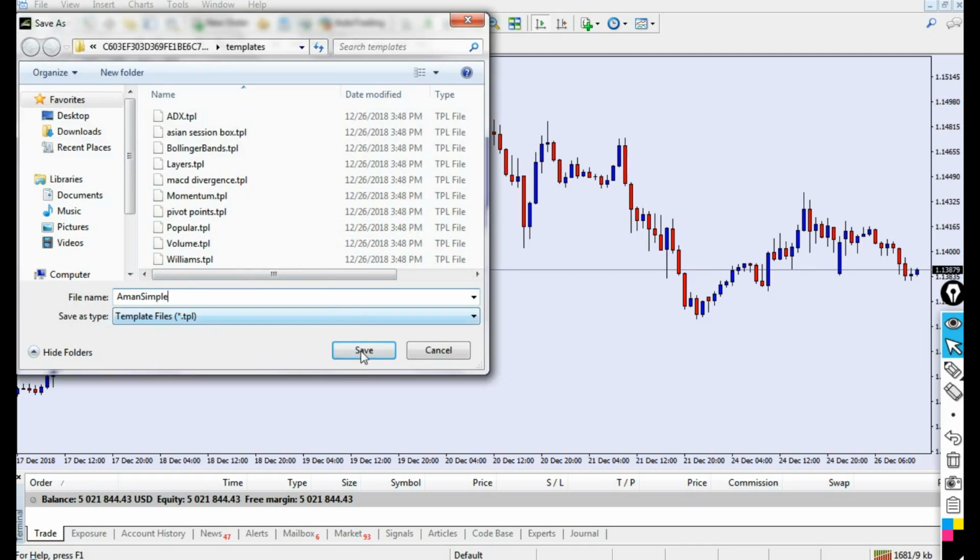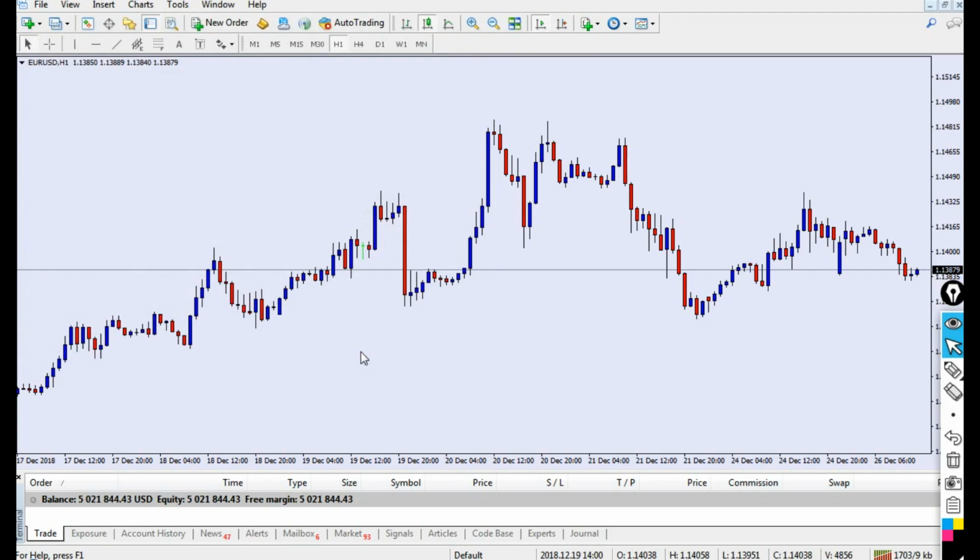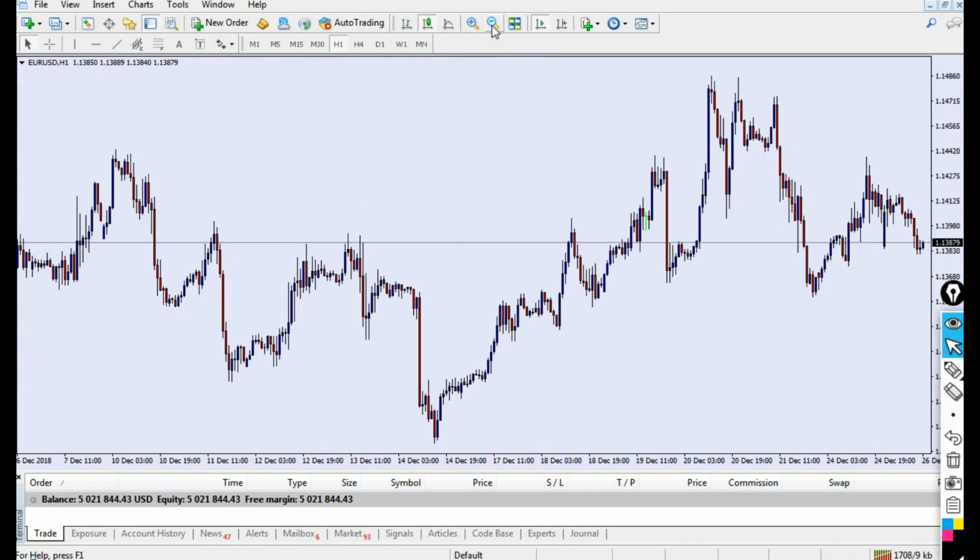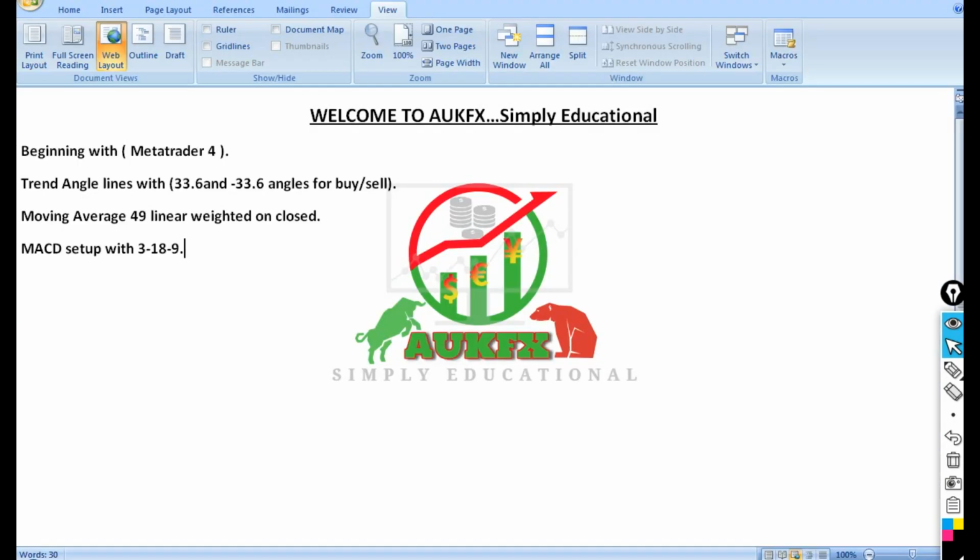So it's saved now. Now the second thing: you see, now there is a chart and this market is currently running. The next thing is trend angle lines with 33.6 and minus 33.6 angle for buy or sell.